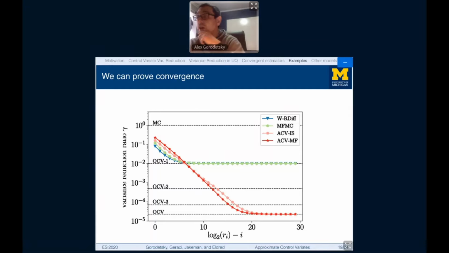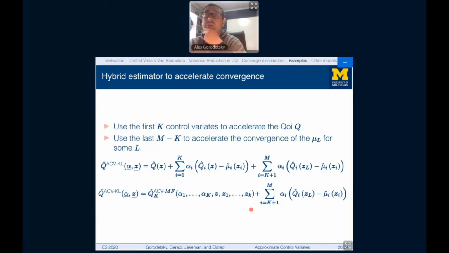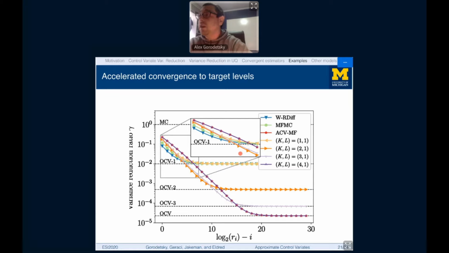Please see the paper. And interestingly, we showed that sometimes it is beneficial to accelerate the mu, and sometimes it's beneficial to accelerate the q, which is correlated. So you can make hybrid estimators where some set of the low fidelity information sources are used to accelerate mu, and the rest of the low fidelity information sources are used to accelerate the high fidelity statistics of Q. And so with this type of technique, we can generate estimators that converge to any target level, and they can have different rates in the beginning.